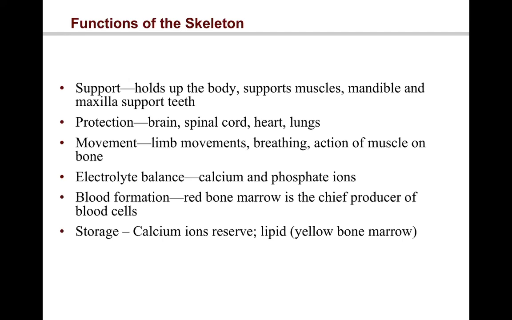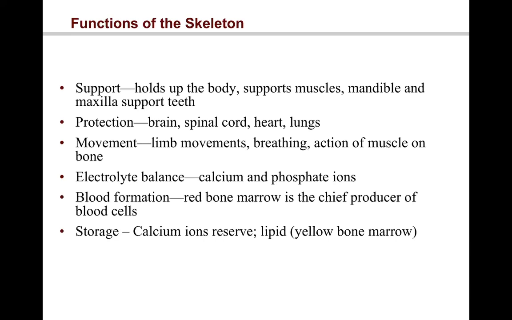Storage of minerals and lipids. Bones are made up of calcium. Calcium is the most abundant mineral in the human body. Calcium salts of bone are a valuable source of calcium in our body.